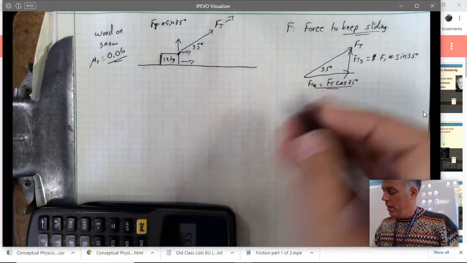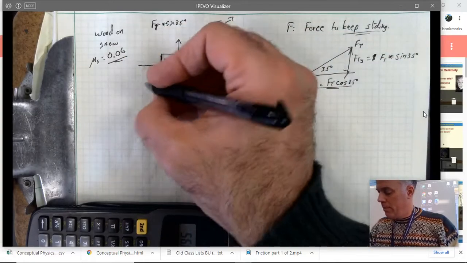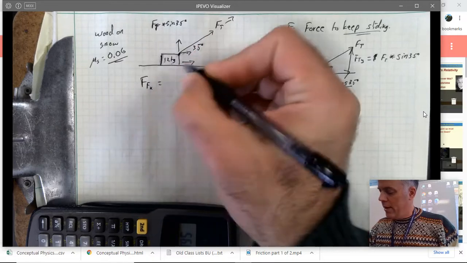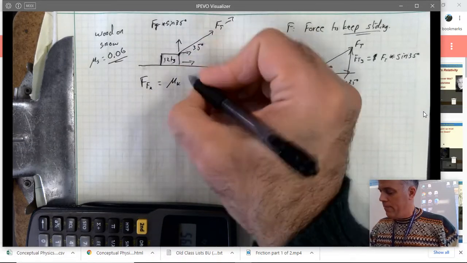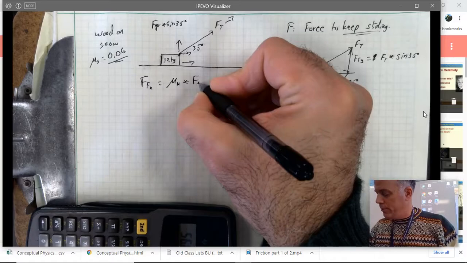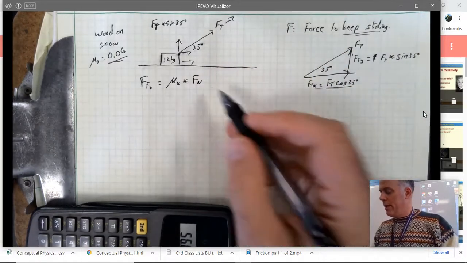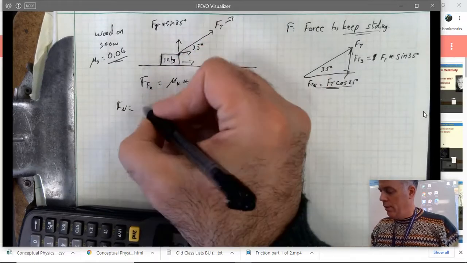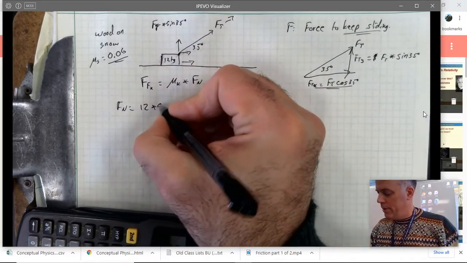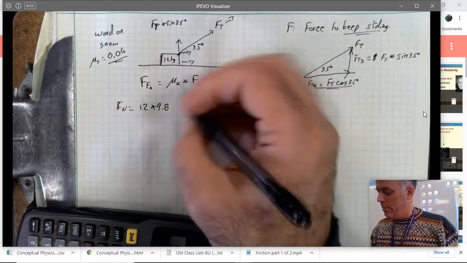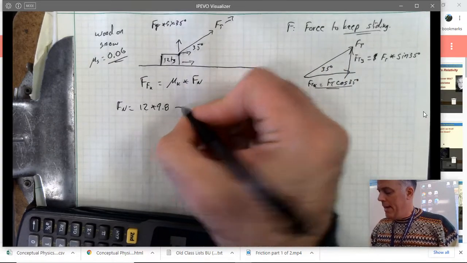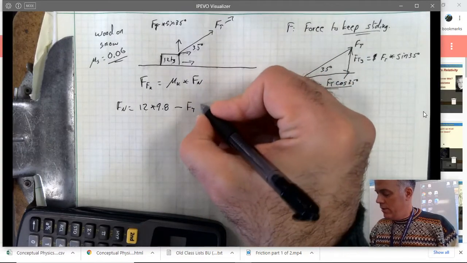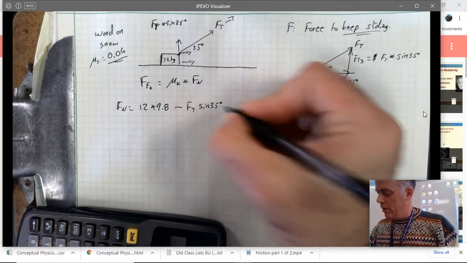Now, our frictional force. Force of friction, and this is a sliding friction, so it's kinetic, is equal to mu k times the normal force, which means we need to figure out the normal force. So the normal force is equal to the weight of the block, which is 12 kilograms times 9.8 meters per second squared, minus Ft sine 35 degrees.